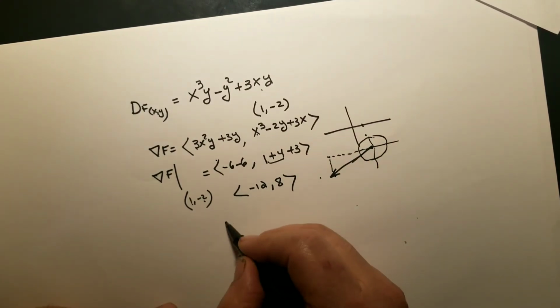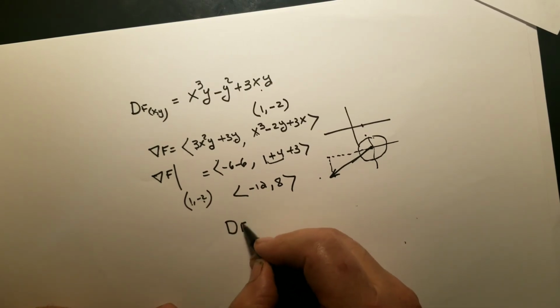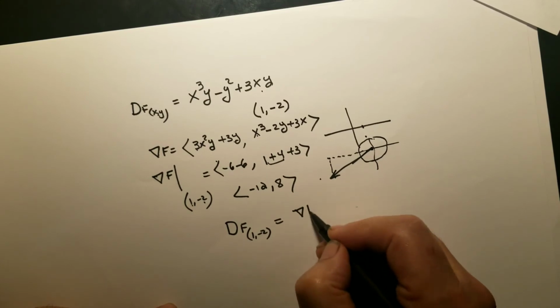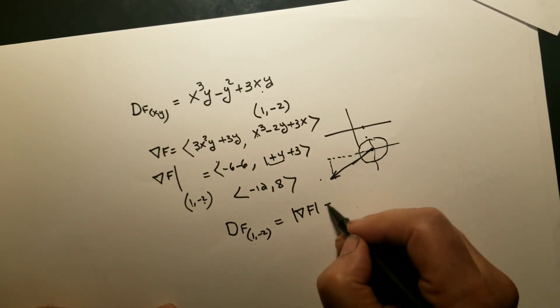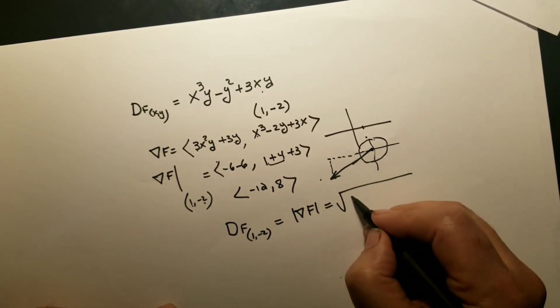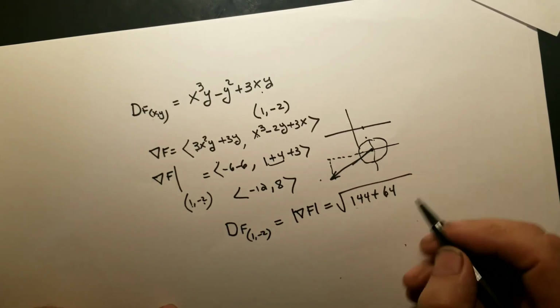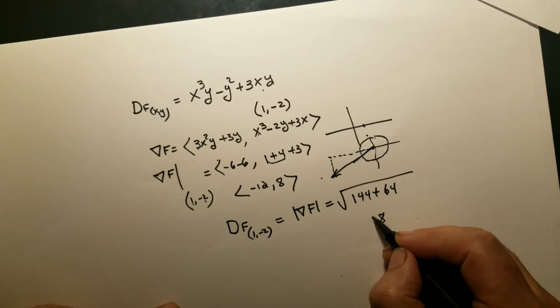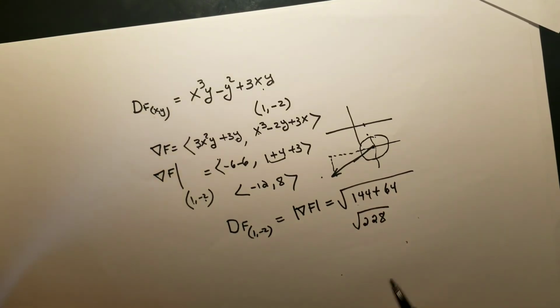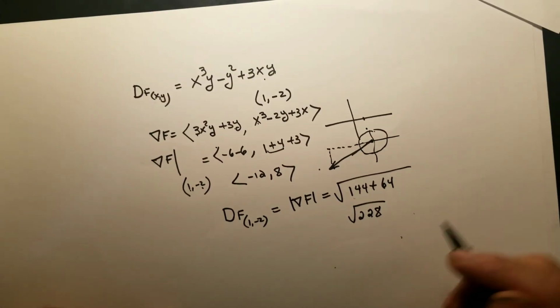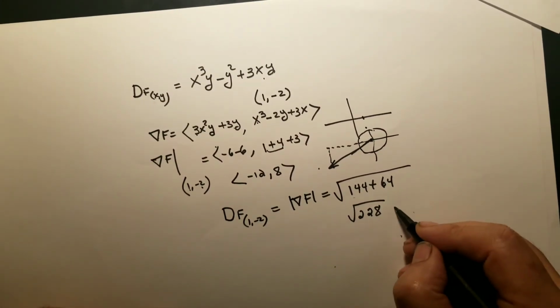You better say the directional derivative of f at the point (1, -2) is the magnitude of the gradient of f, which is equal to the square root of negative 12 squared plus 8 squared, and together it becomes 228. 228 is close to 225, and the square root of 225 is 15.